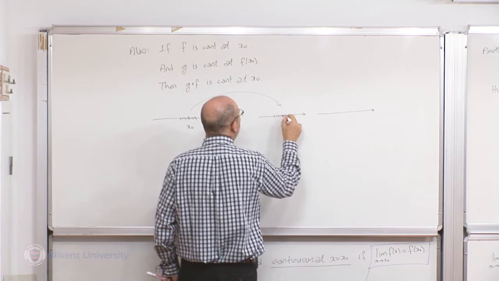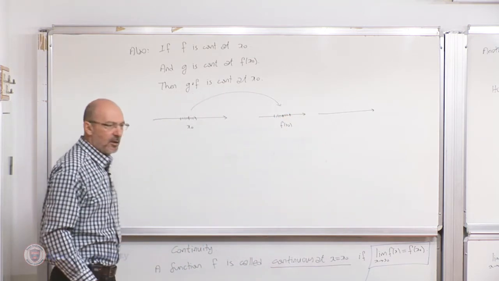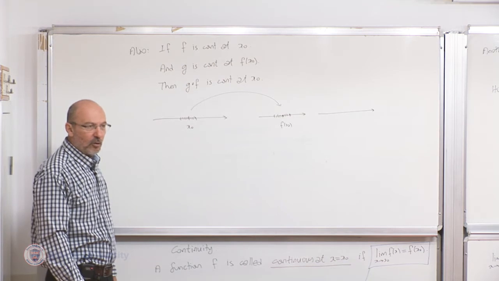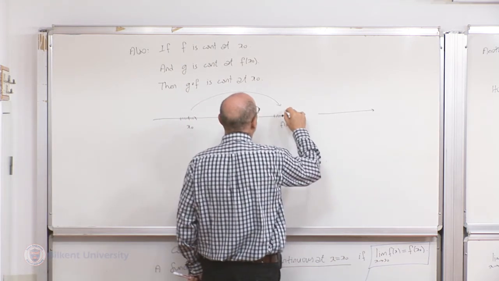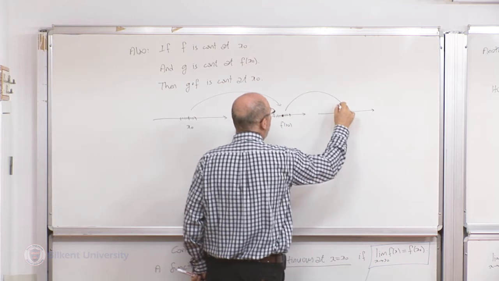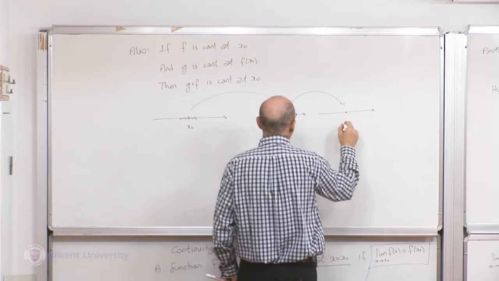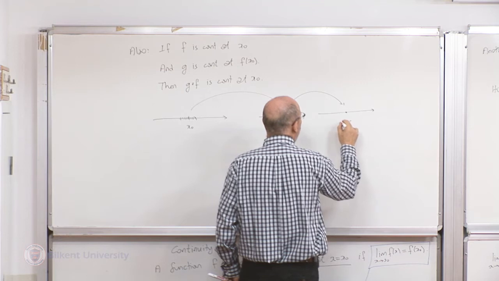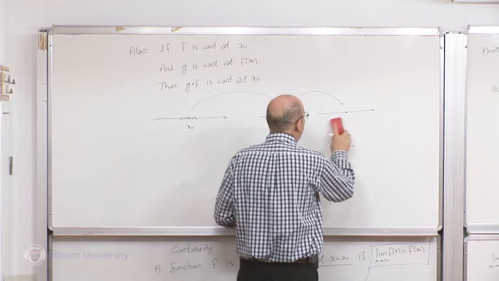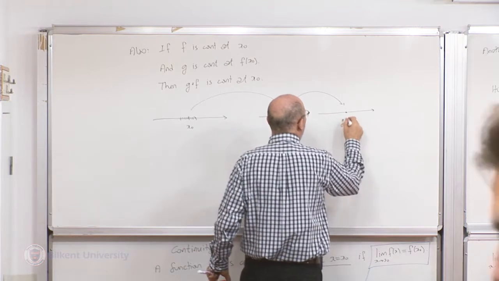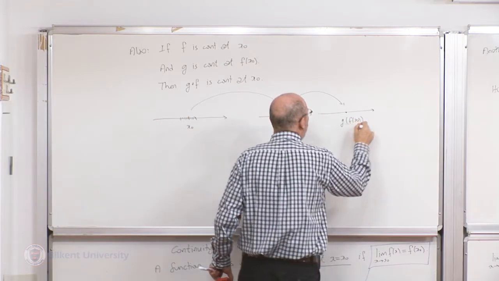So this is not the definition of continuity, but this is a consequence of continuity. Okay, then g takes this point to some point here, which is g composite f at x sub 0. Or rather, let me do it first of all. It takes it to g of f of x sub 0.